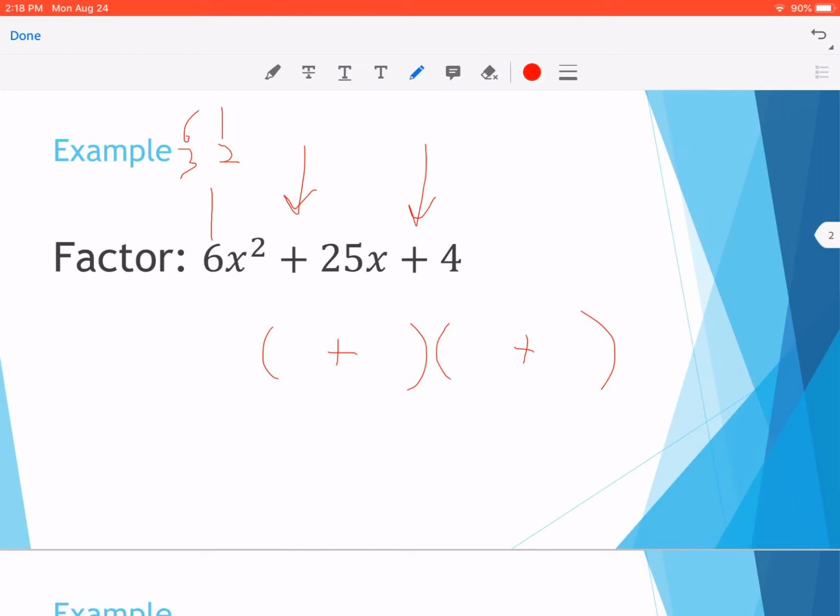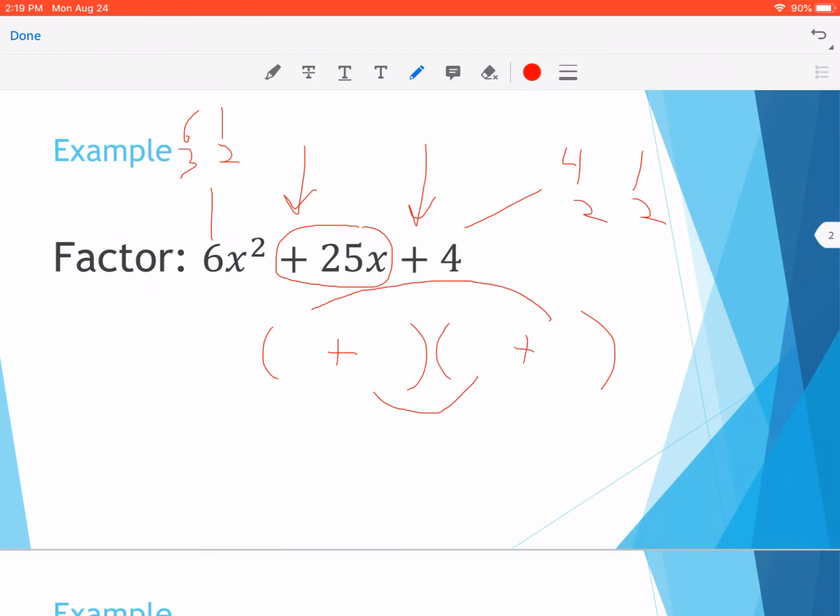All right. My last number is 4, so maybe its factors are 4 and 1 or 2 and 2. But keep in mind, the outside and the inside, when combined, have to equal 25x. That's our key to this one right here.